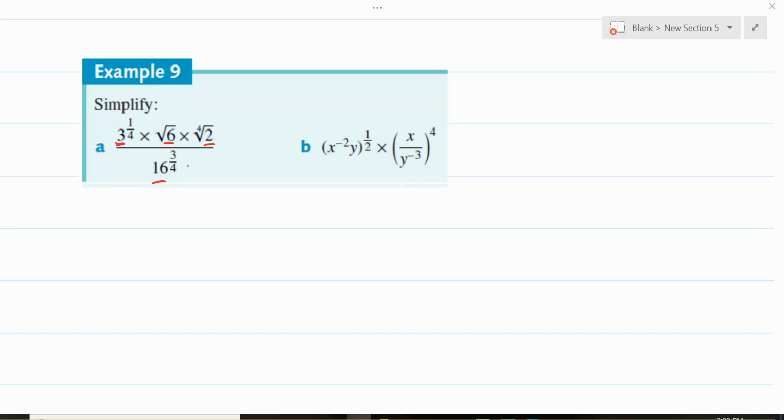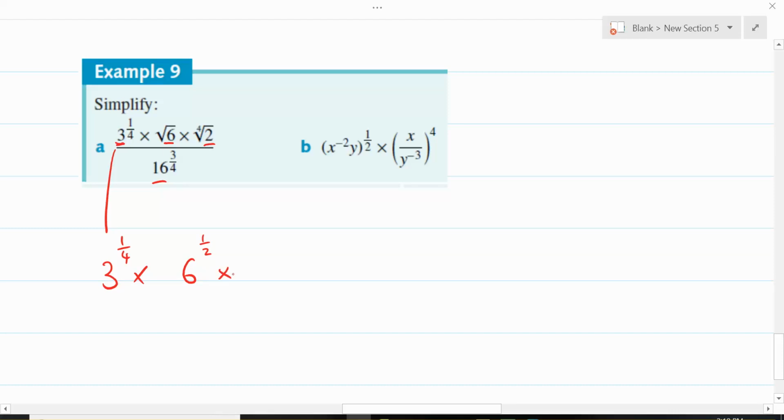The only way to do that is to separate it into its factors, the smallest factors that you can have. So I would leave 3 as 3 to the power of a quarter, times 6 to the square root, which is the same as writing 6 to the power of half, times 2 to the power of fourth root.